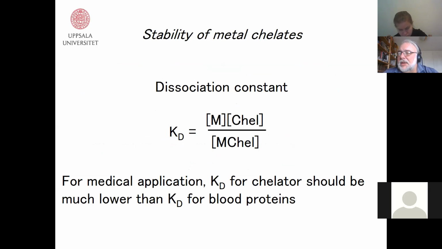So traditionally, stability is described by the equilibrium dissociation constant, which is determined by the ratio of the product of concentrations of metal and chelator to the concentration of the chelate.